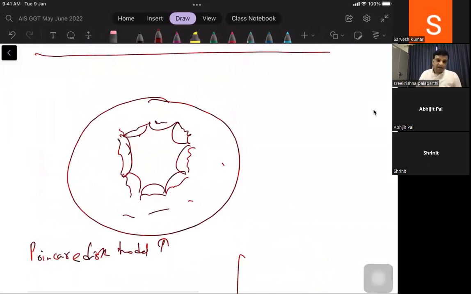For each of these fundamental domains of the action by pi1 of the genus 2 surface, put in PSL2R appropriately, you get an octagon like this.